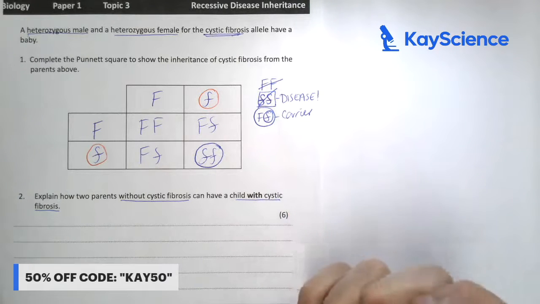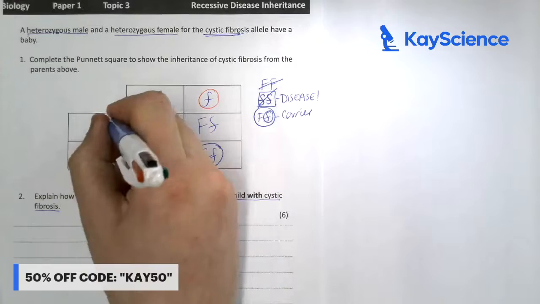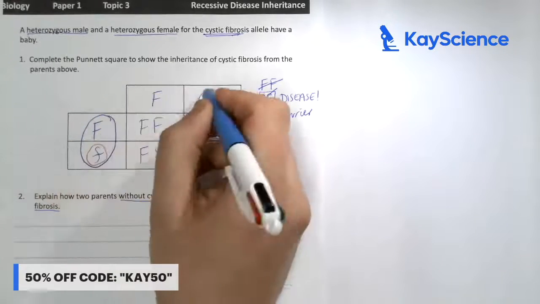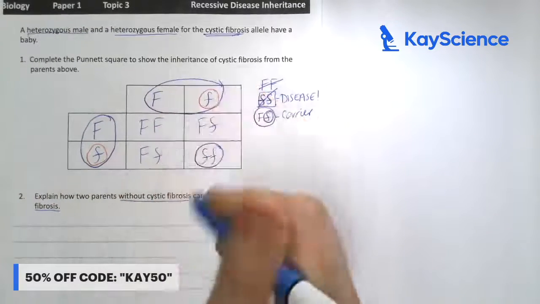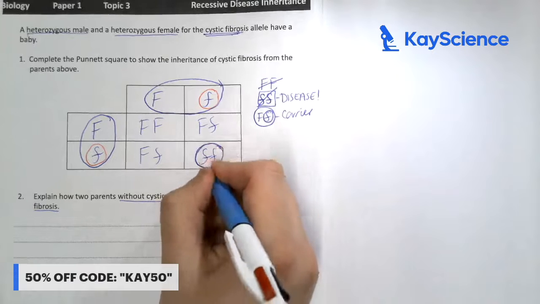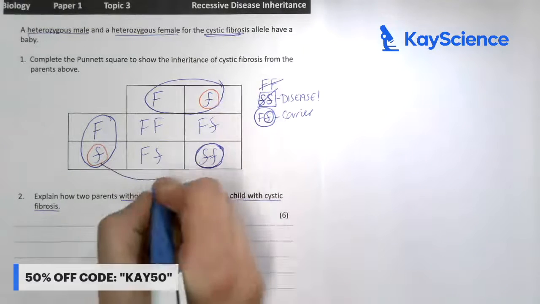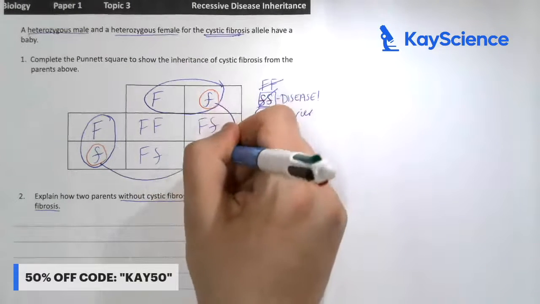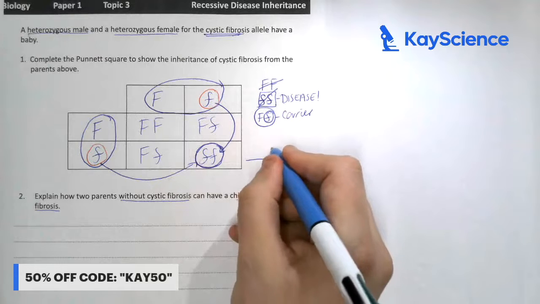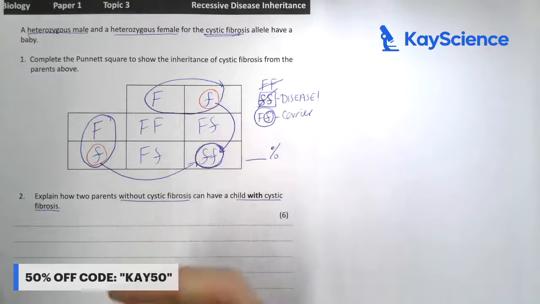In the exact same way as I showed you with the eye color one. You firstly highlight the genotype of each parent. You then circle the genotype of the child that we're looking at, and then you draw an arrow from the alleles they inherit, and then what is the percentage chance.